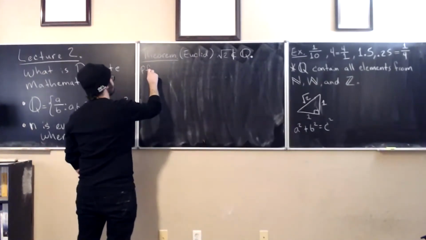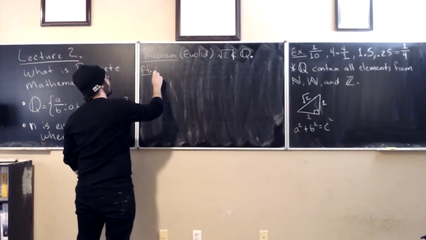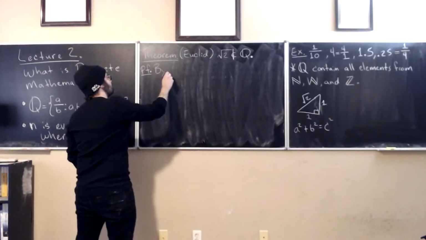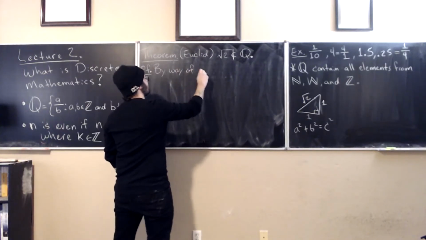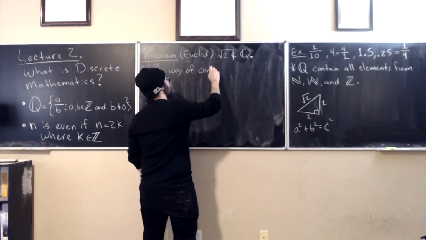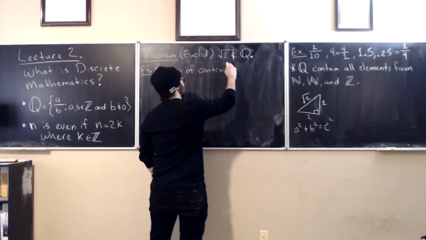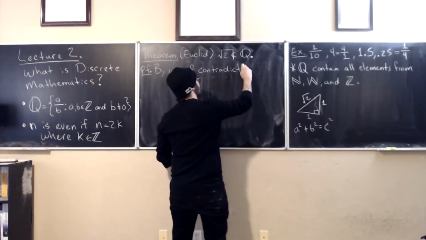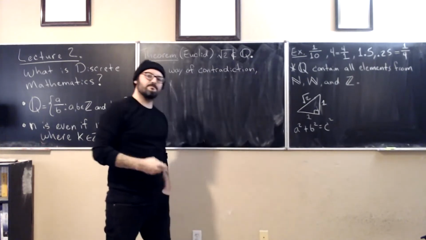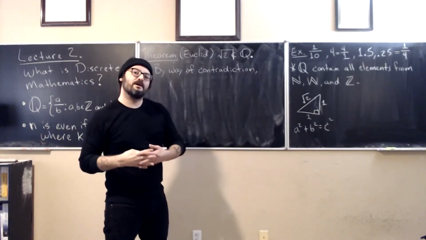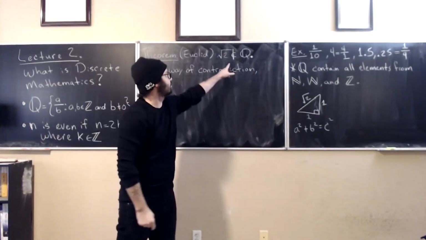Proof. So by way of contradiction. Contradiction means we're going to assume the opposite of the statement.